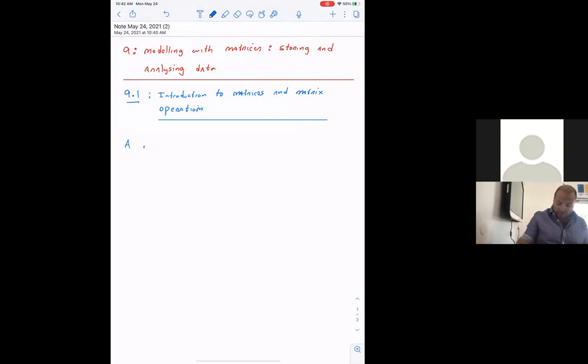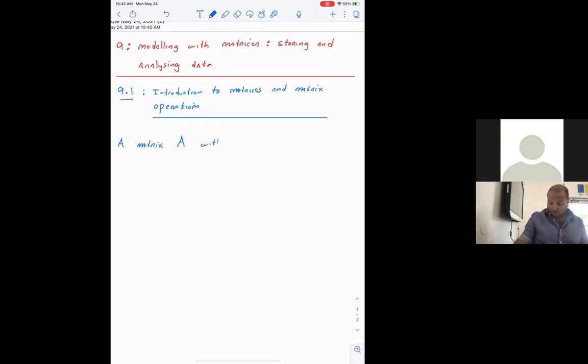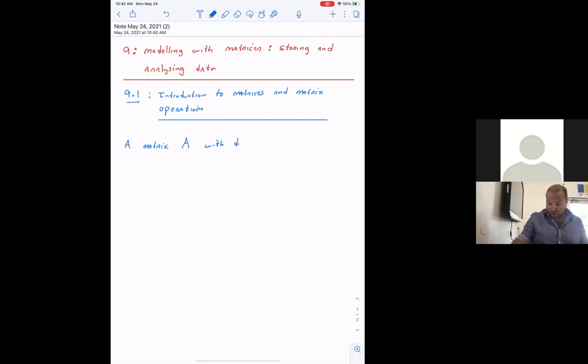So first, a matrix. Capital A, we use capital letters for matrices. A matrix, capital A, with dimensions m by n is a rectangular array of real or complex numbers.